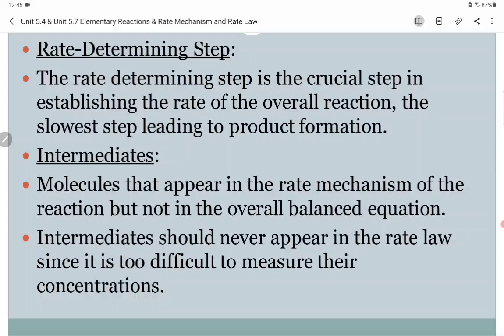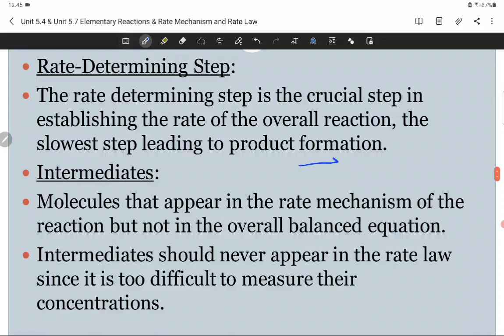A couple more vocabularies is intermediates, and we'll get to catalysts. So intermediates would be items that you might see in a chemical reaction. So maybe you'd make chemical B in an elementary step, and then maybe B is in another step below it, and it gets used up.